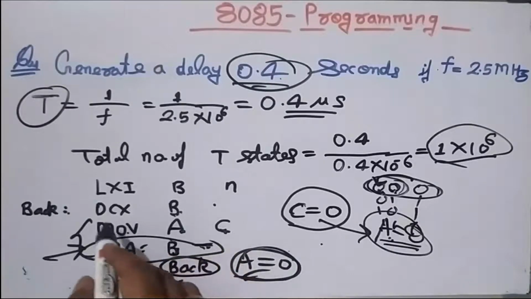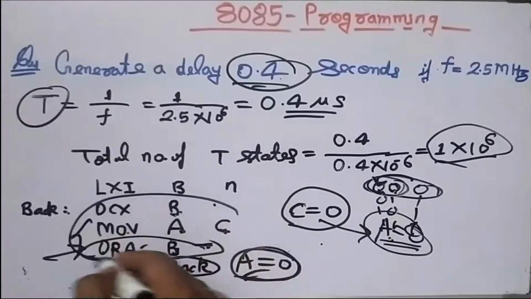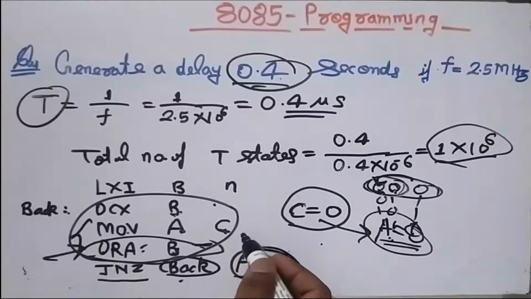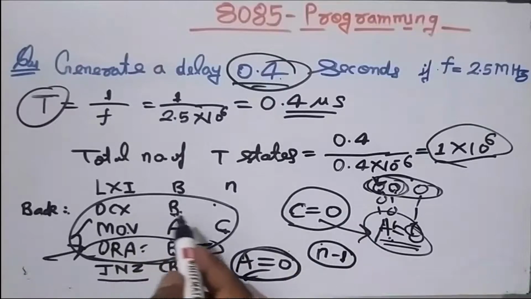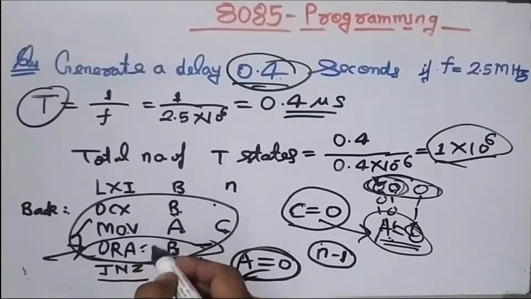Then you should know how to calculate the number of loops run. The number of loops will be n minus 1 times. N minus 1 times this loop will run, and in the last loop the program will terminate.